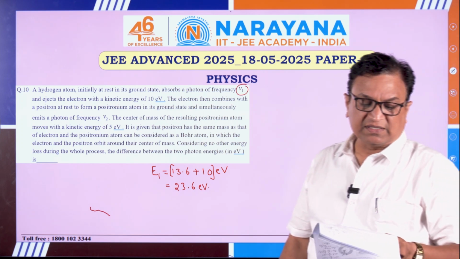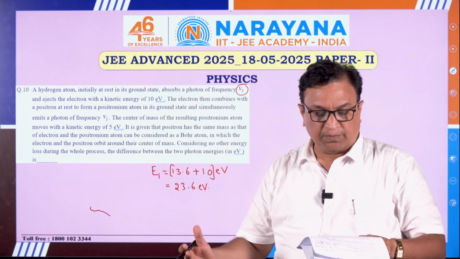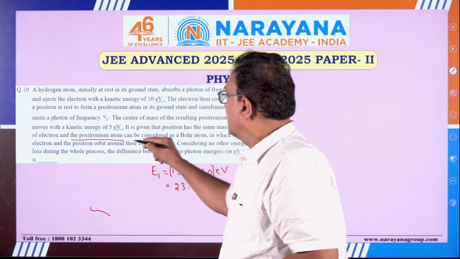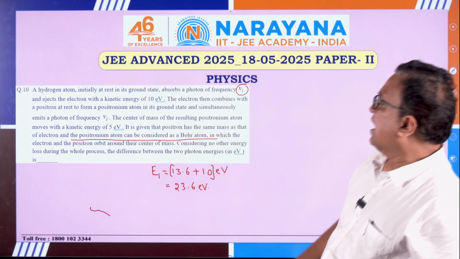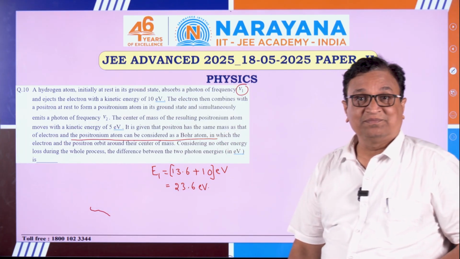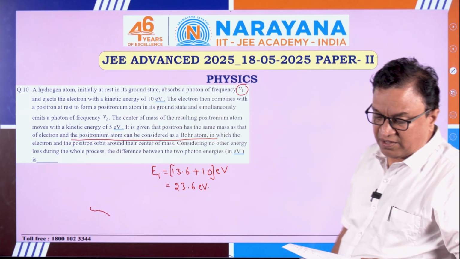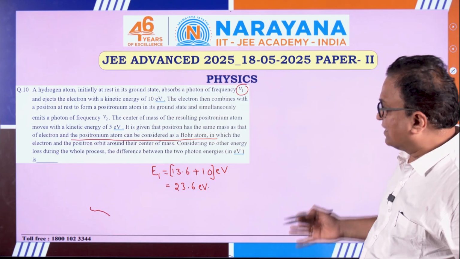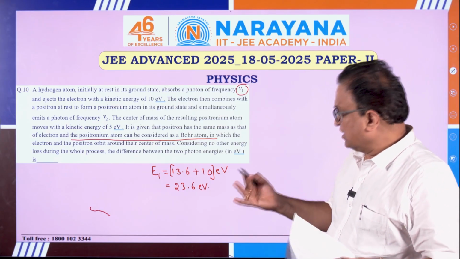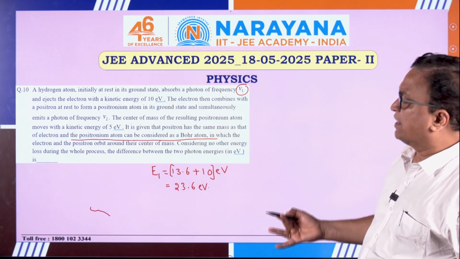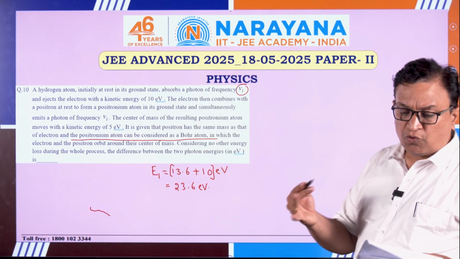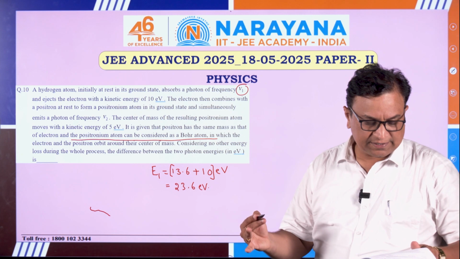The center of mass of the resulting positronium atom can be considered as a Bohr atom, in which the electron and the positron orbit around their center of mass. Consider no other energy losses during the whole process. The difference between the two photon energies is?